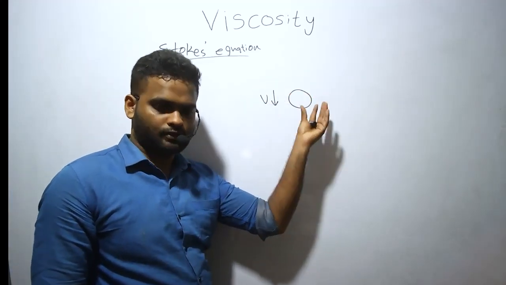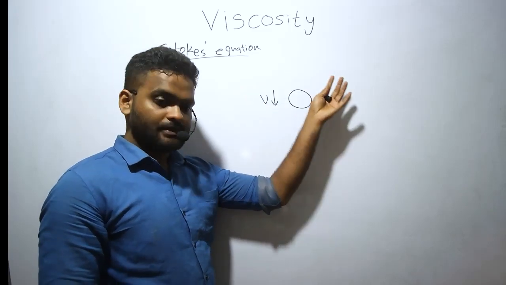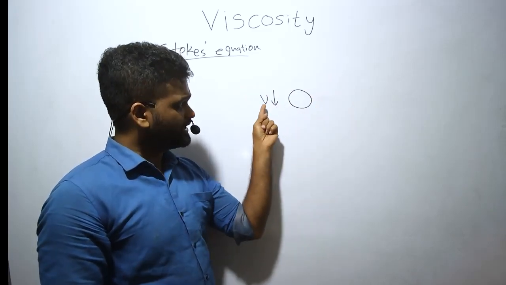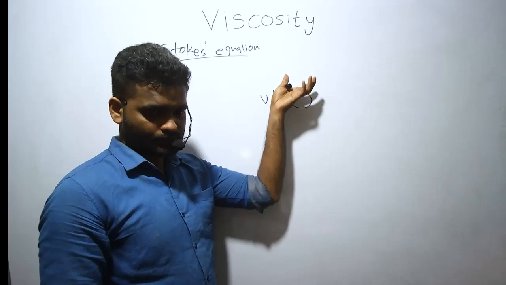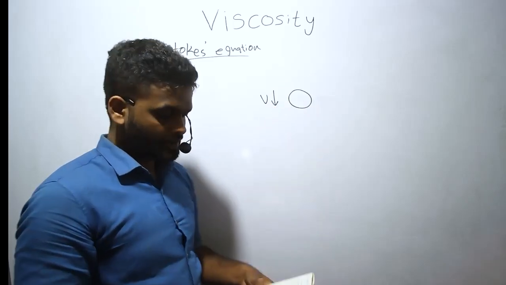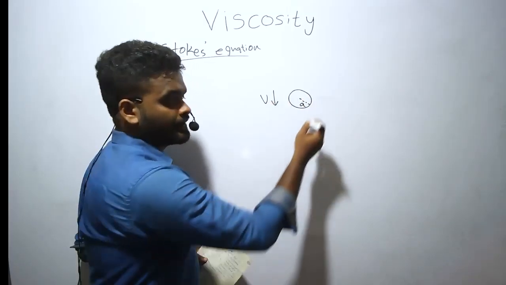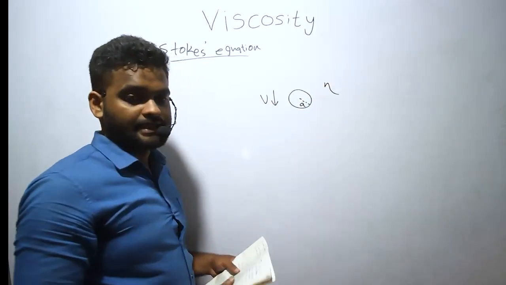Air also is a viscous fluid. At this moment velocity is v, and the radius of that, let's say a, and the viscous coefficient is eta.